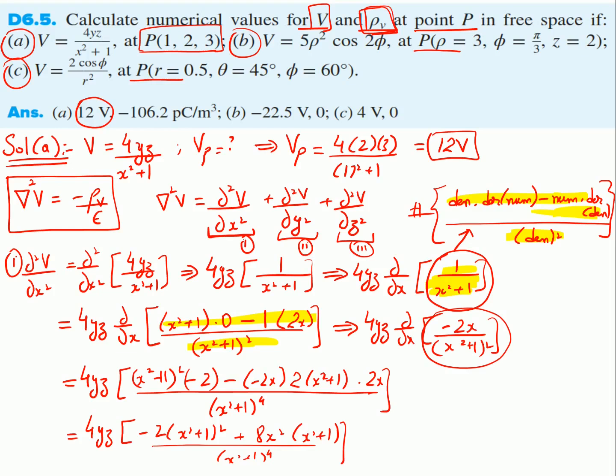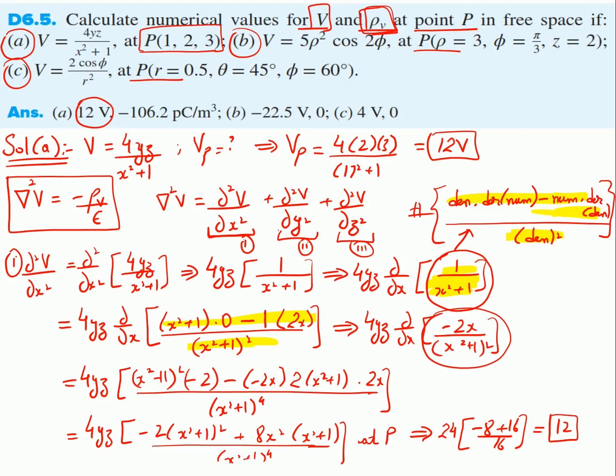It will come as it is. And now you put the values of p, so you should get 4 into y is 2 into 3, so 6 4s are 24, and then in the bracket when you put all the values at p over here, it comes out to be minus 8 plus 16 divided by 16. So the answer comes out to be 12 for the first part. So we have taken the solution of the first part.